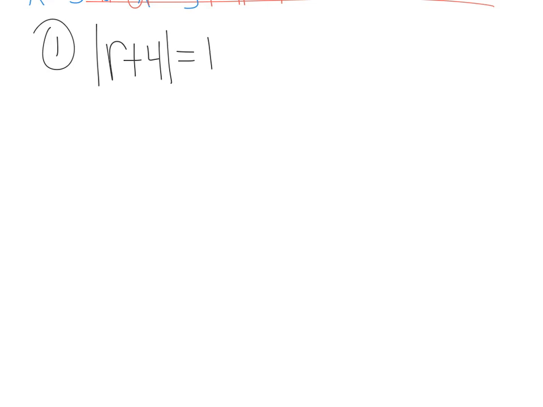But once again, let's think of why we're doing that, because if I look at a number line, absolute value means what? Distance from 0. So that means that whatever's inside here is 1 step away from 0. So if I take 1 step to the right, I would be at 1. And if I take 1 step to the left, I would be at negative 1, right?